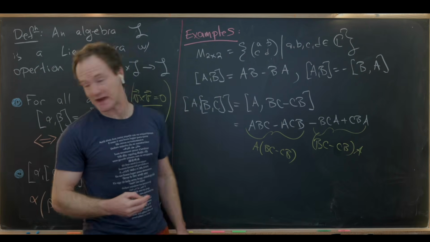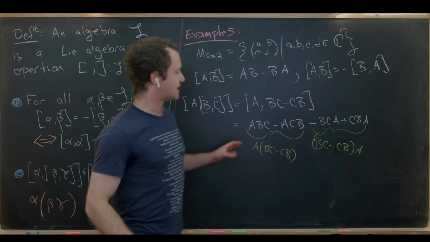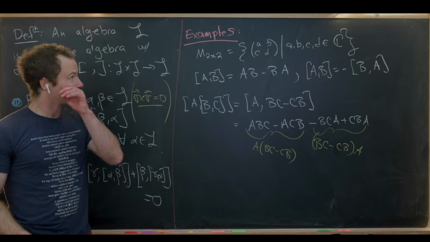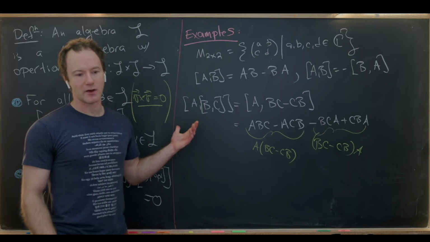But then if you were to write down the other guys like this over here and sum them up, you would get 0. So this may seem like, oh, well, that can't be all there is to it.